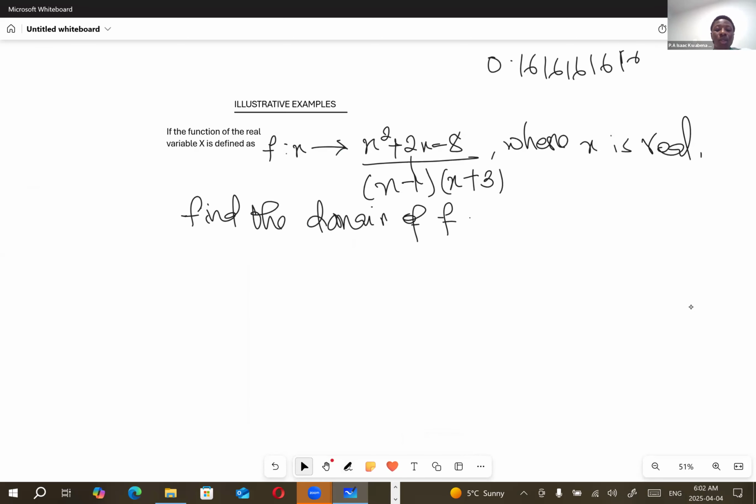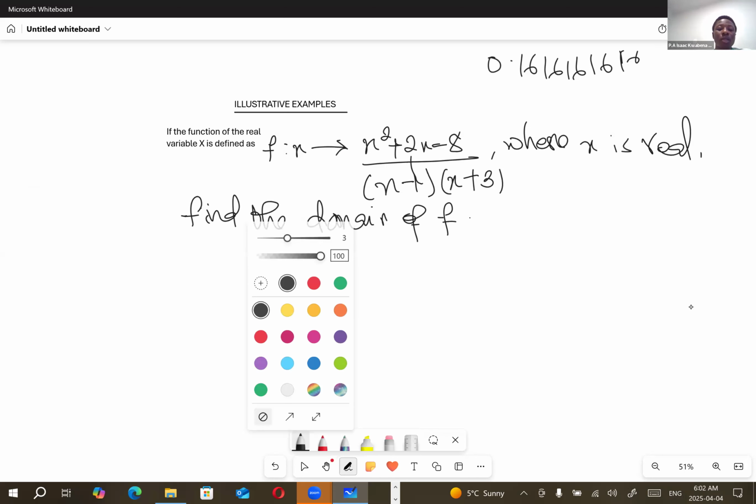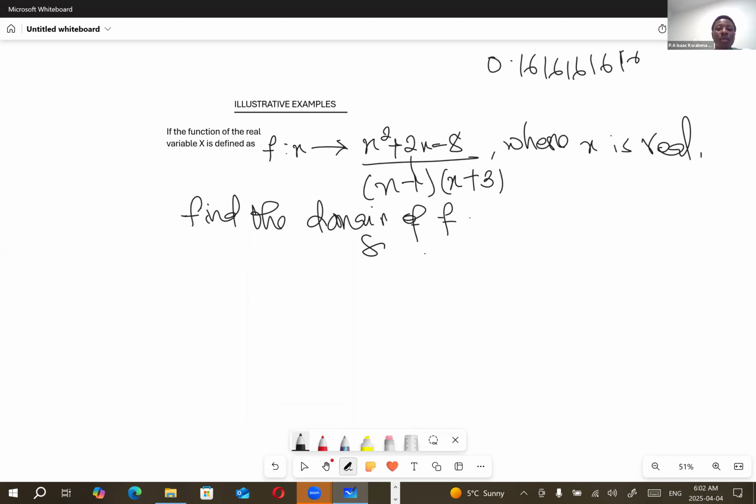So let's see, solution. I'll do this one, then you do the rest. So to begin, I said what? Set the denominator to 0. The denominator is x minus 1, x plus 3. So to begin, first set it to 0.